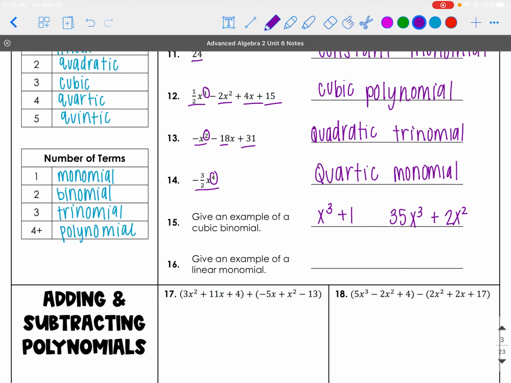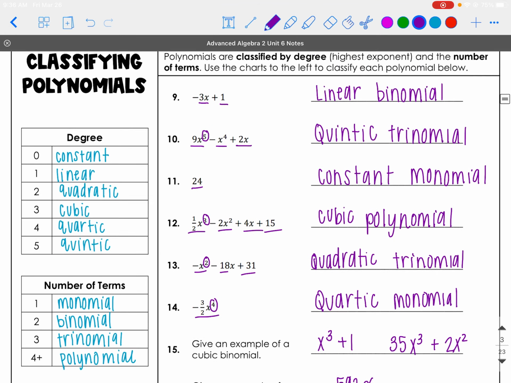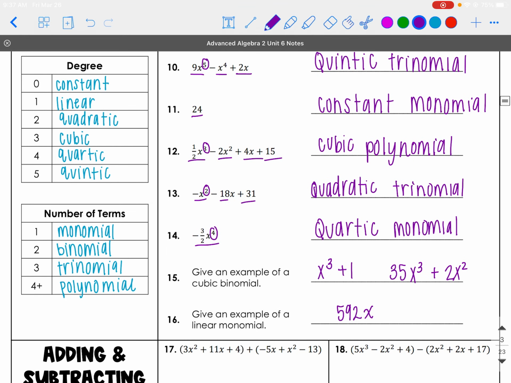Both of those would be examples of a cubic binomial. Number 16, give an example of a linear monomial. So 592x, or you could just say x.